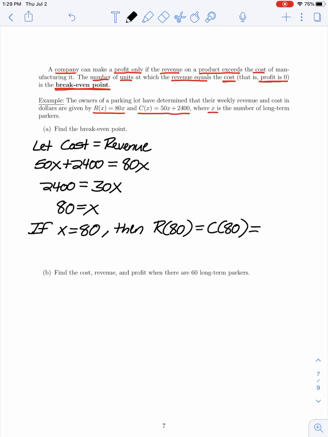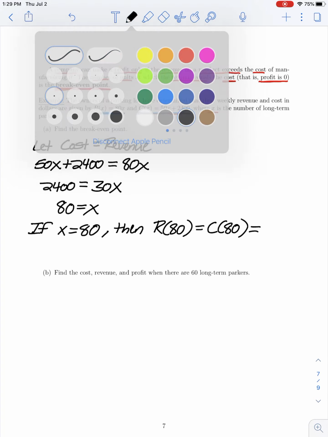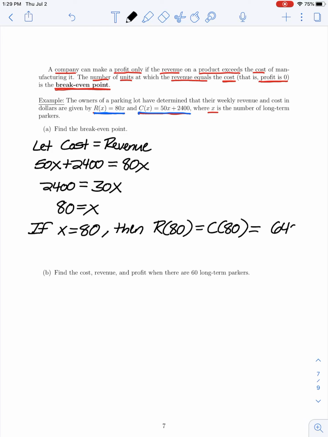If we take x equals 80 and plug into either one of these functions above, we'll get the same value, which would be $6,400. So here our break-even point would be the point (80, 6,400).